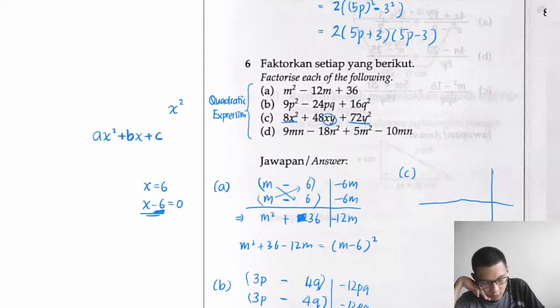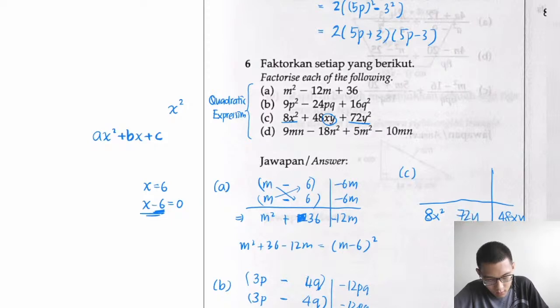So we have 48xy positive, 8x squared, and 72y squared. So how can we get 48xy? You can try and error how to separate them. Maybe you can use 72y squared. That means we need to have a negative sign, because 72 is a bigger number.